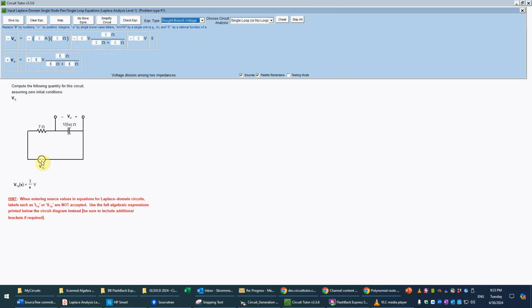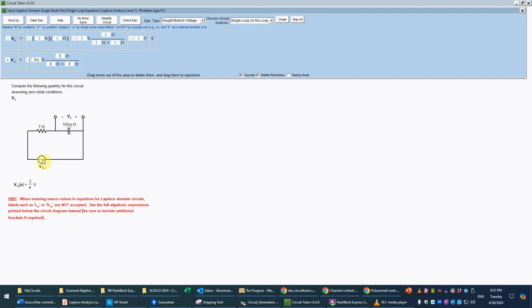And so the source voltage here is the 3 over s value, the net voltage of the combined voltage sources. And also we notice that the positive side of that voltage source is connected to the negative side of the sought voltage V naught, and the negative side to its positive side. Therefore, it has different polarity, and that means we need a minus sign then to have the correct polarity.